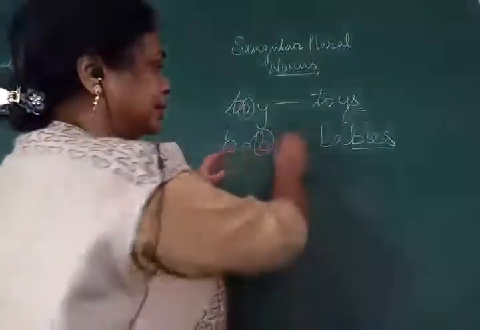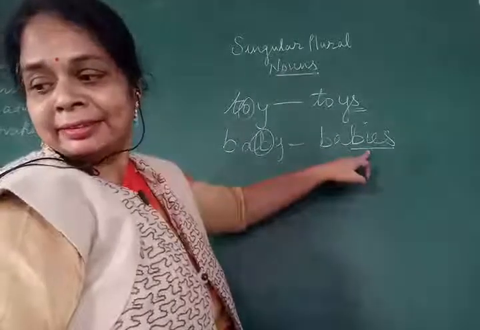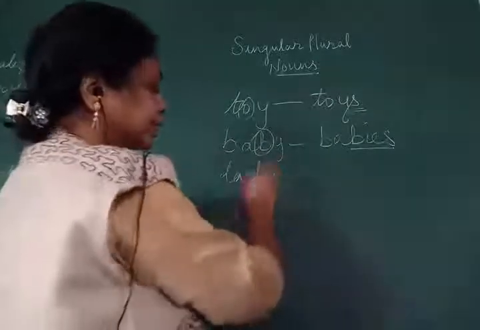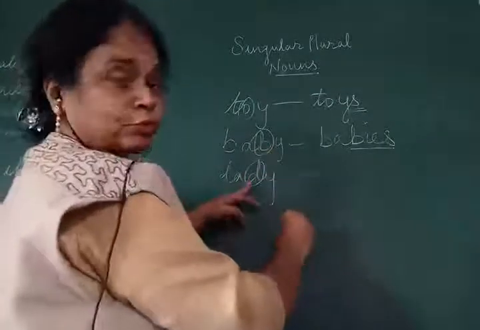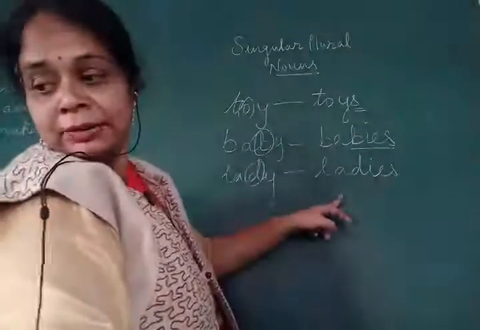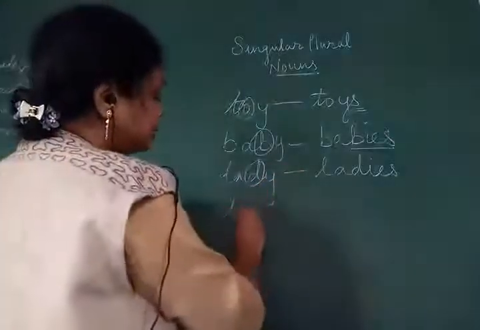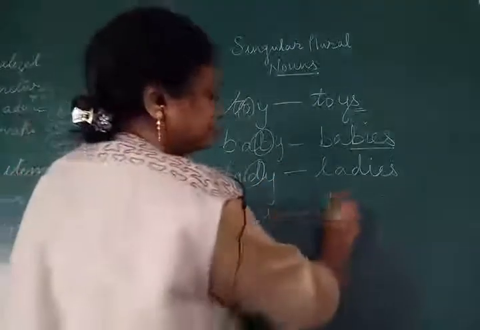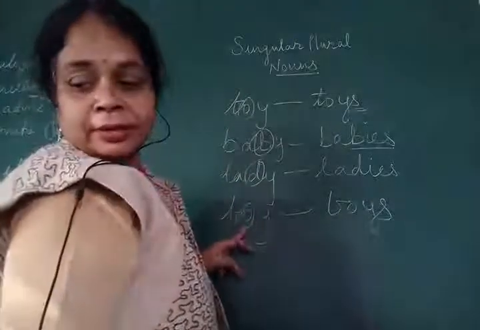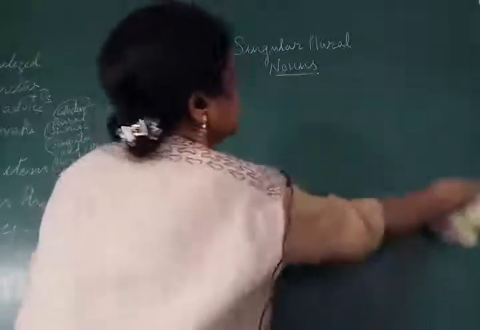If before y consonant is present, add ies. Let me take one more example, lady. So here d is a consonant. So we add ies. Another example, boy. Boys. Again, o is a vowel.